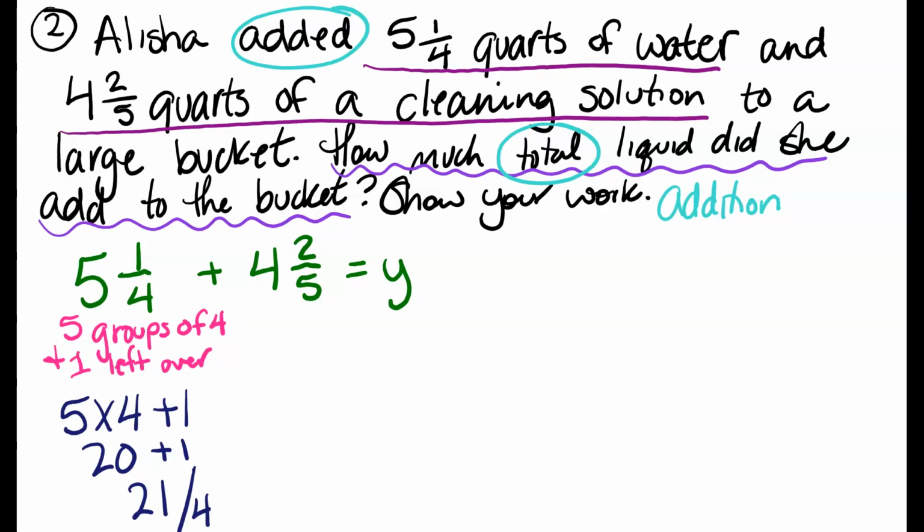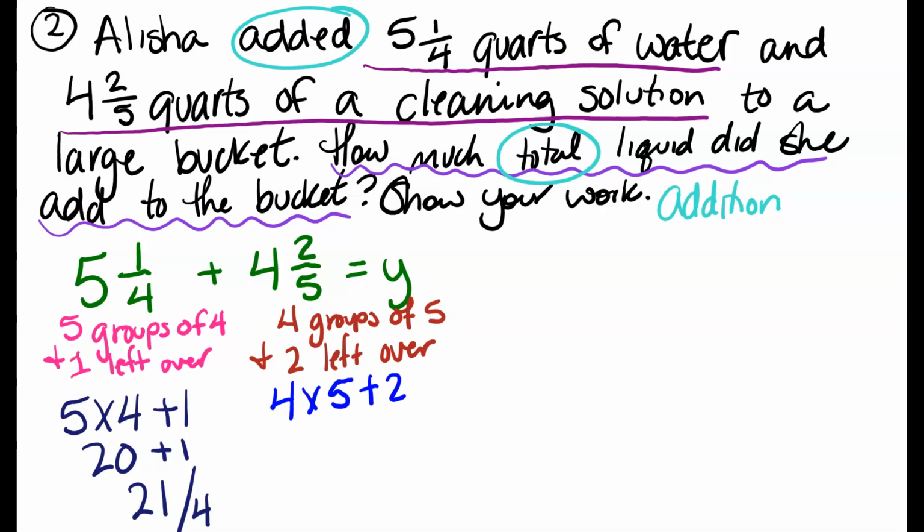And this 4 2/5 is the same as saying 4 groups of 5 and 2 left over. Or the same as saying 4 times 5 plus 2, which is 4 times 5 is 20, plus 2, which is 22, all over 5.